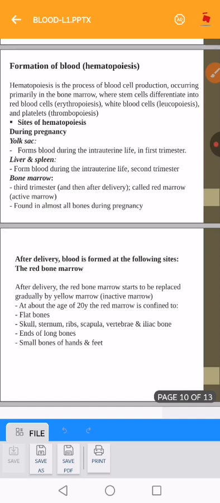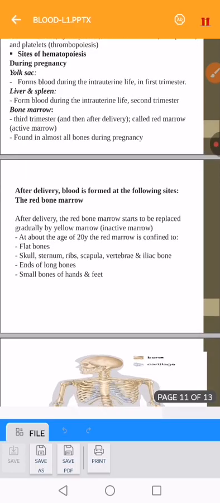The long bones like the tibia, fibula, radius, and ulna, the shafts of all these long bones, are inactive. But the ends of long bones are active, red bone marrow.